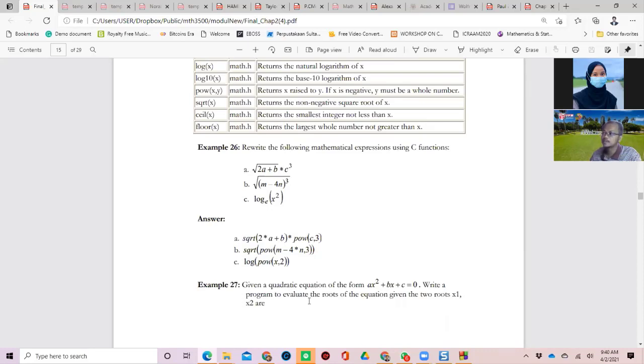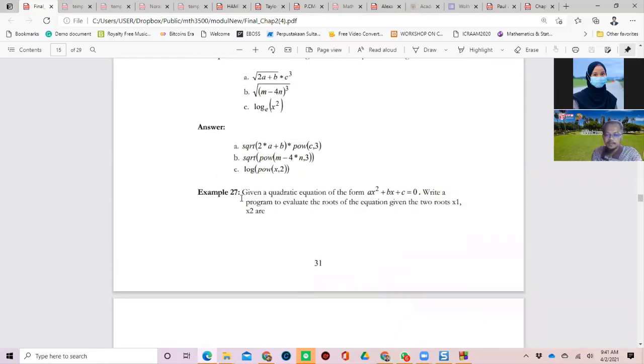In C, the coding will be quite complicated and tedious. So that is the difference between pow and multiplication. Okay, now finish.